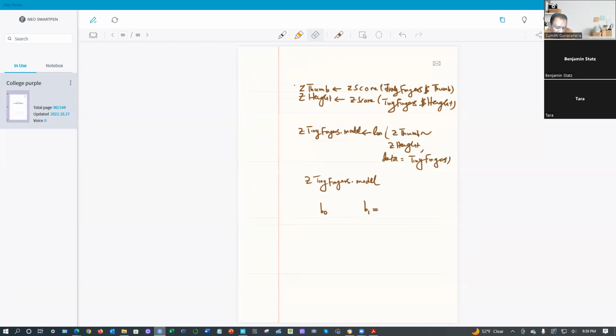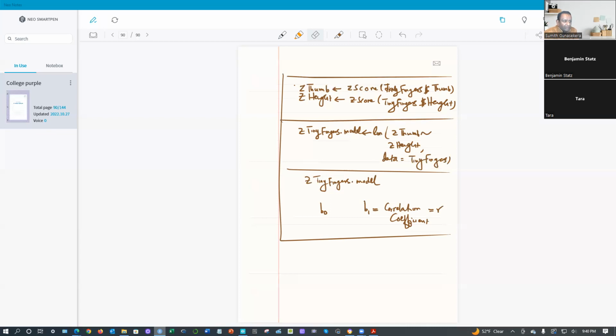So B1 is the correlation, B1 is R, the correlation coefficient. That's all. Simple R. That's another way to get it.